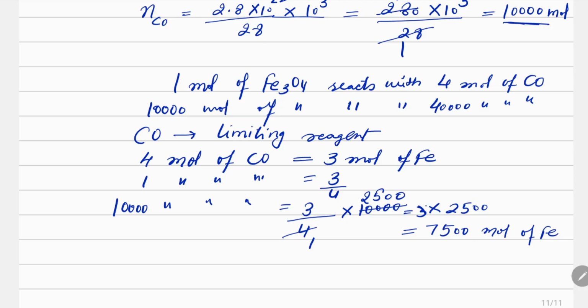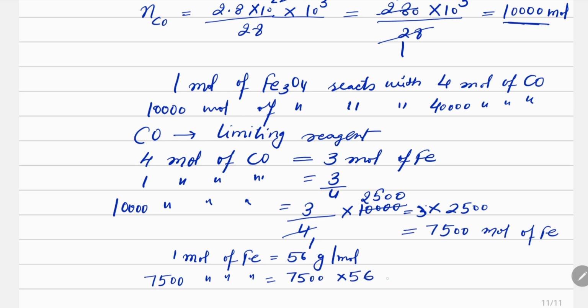Now we can convert this number of moles into mass. 1 mole of iron weighs 56 grams, so 7,500 moles of iron will weigh 7,500 multiplied by 56, which is 420,000 grams.